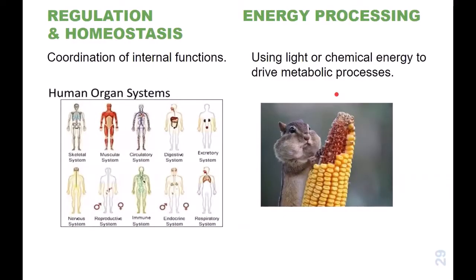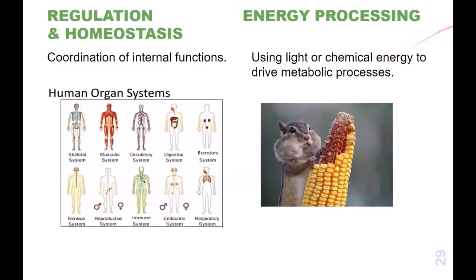The next thing, regulation and homeostasis, so we can coordinate our internal functions and regulate our internal habitat, right? And then energy processing, so living things can use light energy or chemical energy to drive a metabolic process.